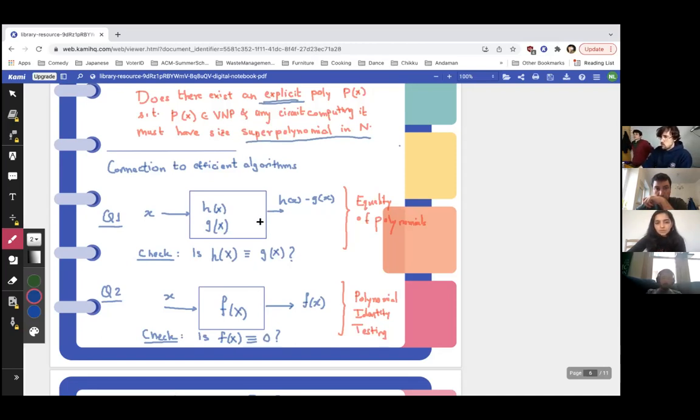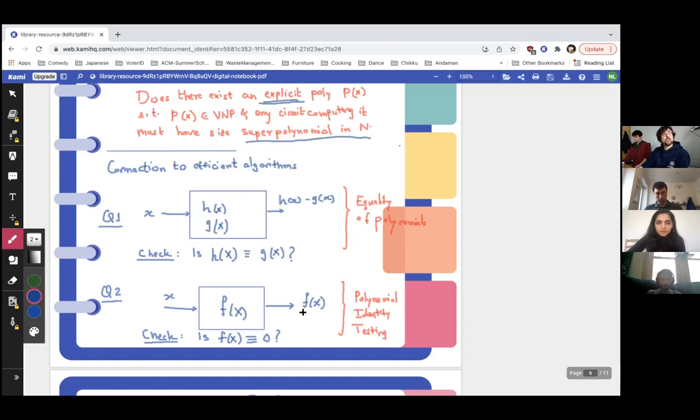Now, anybody who has seen something similar would immediately guess that the two problems are related to one another, because I can take f of x to be h of x minus g of x, and then the problems are just the same. So that's not a big deal. Sometimes equality of polynomials is a more natural question for some people, so I thought I should mention it here. But the polynomial identity question is a generalization of this question.